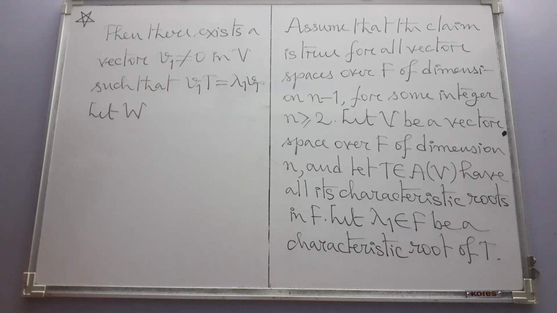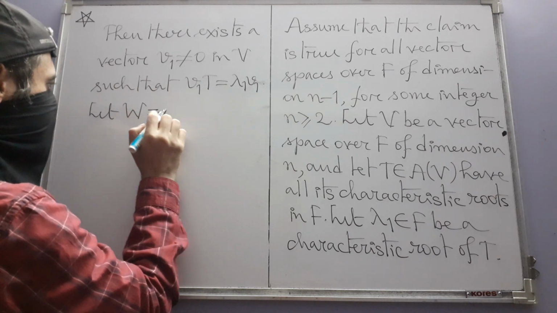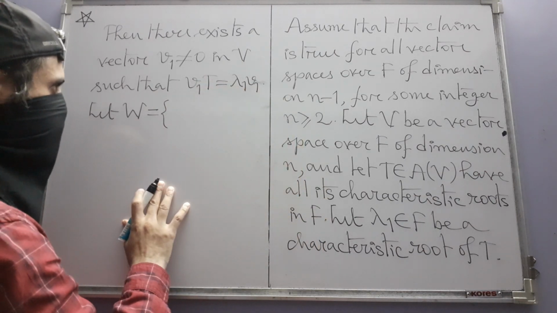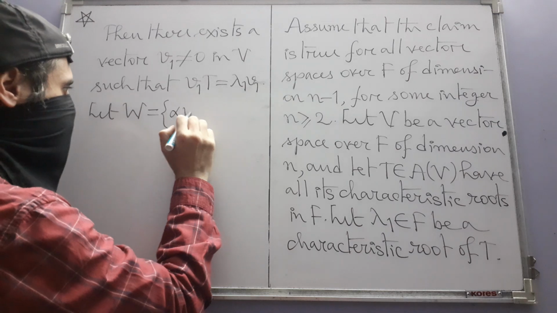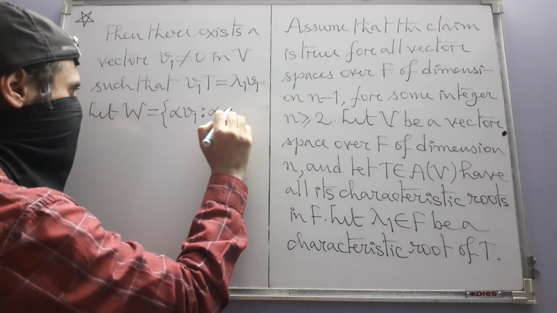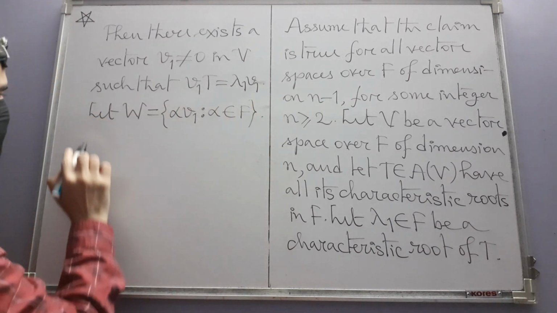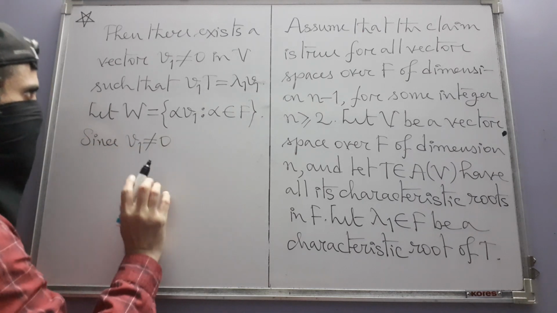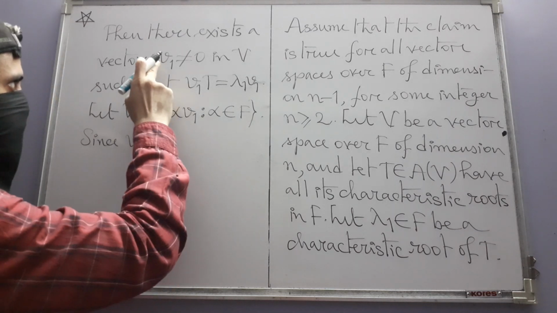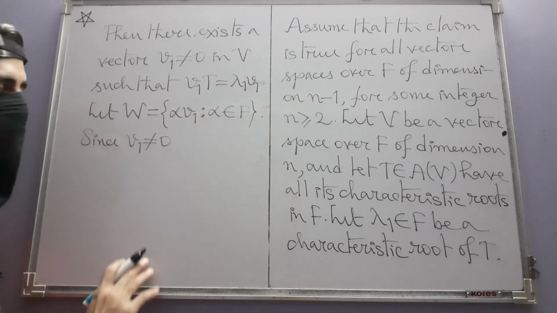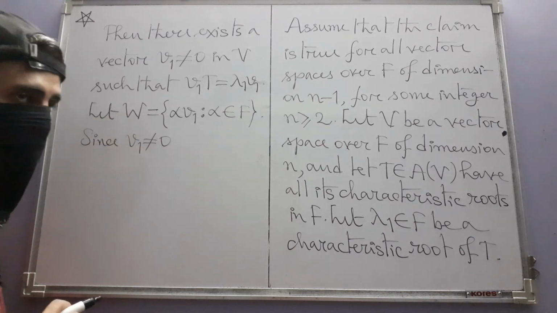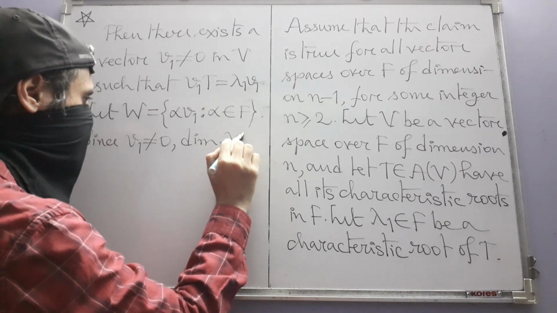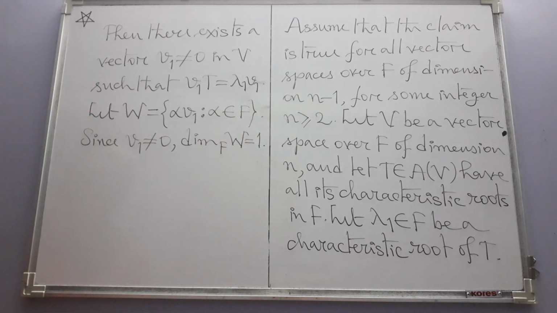So like that, V1 also spans a subspace W. The elements in W will be just scalar multiples of V1, where alpha varies over F. Now since V1 is non-zero, the singleton set consisting of V1 is the basis for this subspace, and that is why W is one-dimensional. So we just straight away write the dimension of W over F is 1.